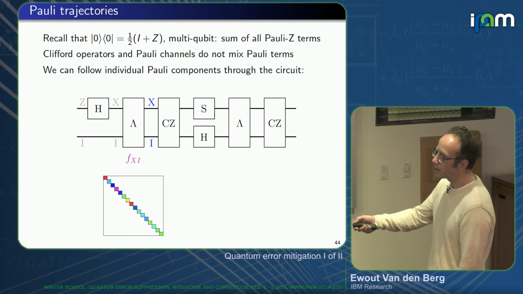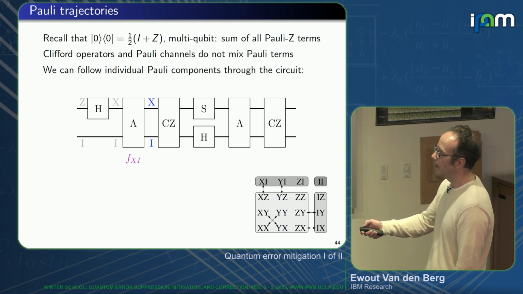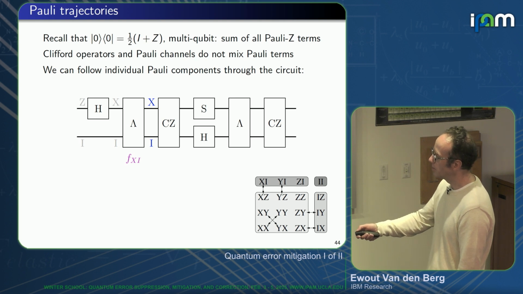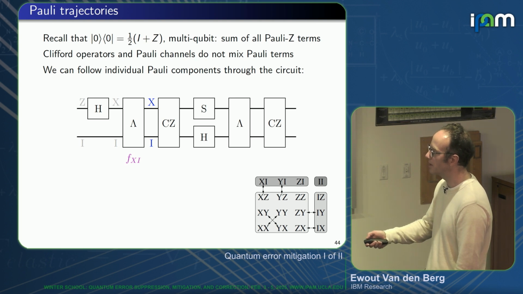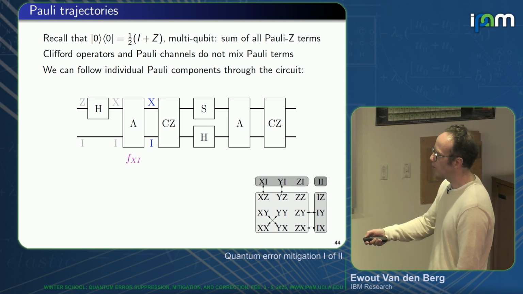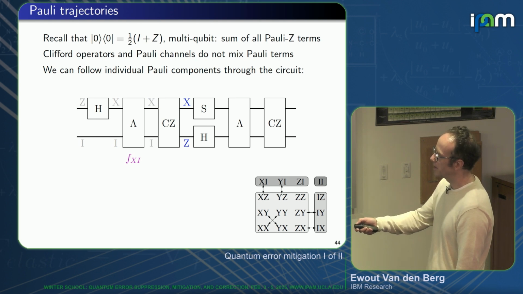So it incurs some fidelity f_XI. Then we have a CZ gate, and that maps XI to XZ. Right? This is just which Pauli maps to which one, and so on. I omitted signs here. So that maps XI to XZ.